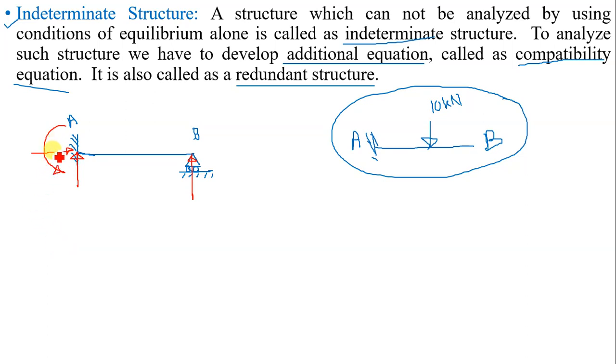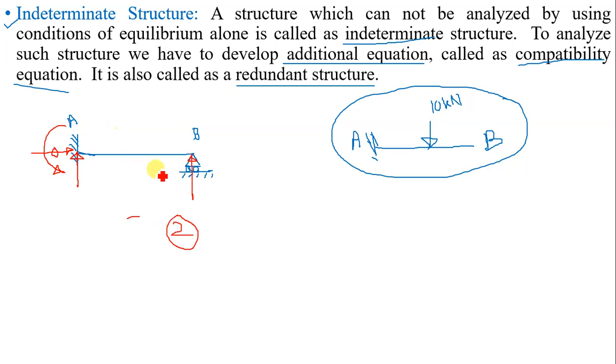Through summation Fx, we can write HA is equal to 0. Still there are 3 reactions, and the remaining equilibrium equations are 2 in number. So the problem cannot be solved using conditions of equilibrium alone, because now we have 3 unknowns and 2 equilibrium equations. Hence the problem is indeterminate and the structure is called an indeterminate structure.